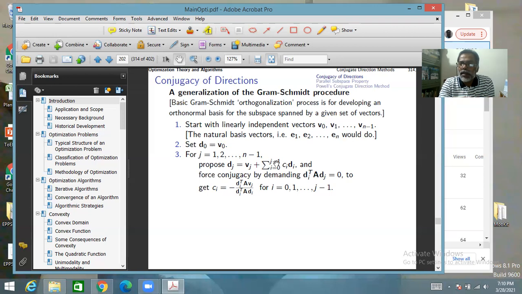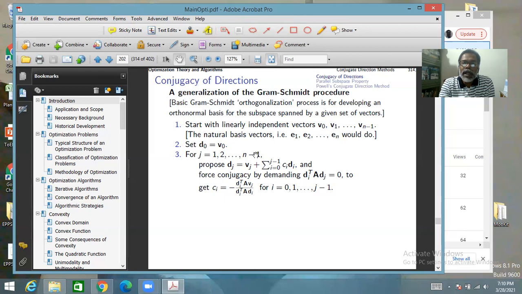And the demand is put very easily, the same thing that we have been doing all along. You pre-multiply this with matrix A and then with di transpose. Then you will get di transpose A dj, which you will set equal to 0.